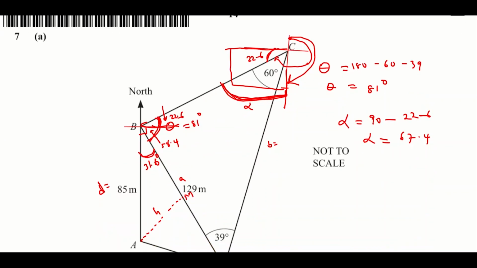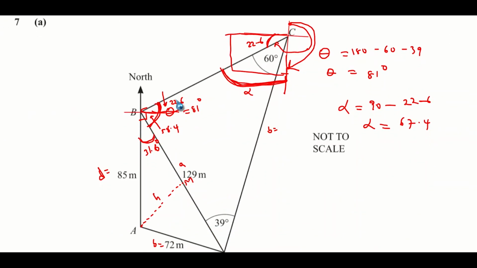Here we have this angle to be 81 degrees. I think I can remove this one now; I may return it later. We know this angle to be 60, so we know this angle to be 39.